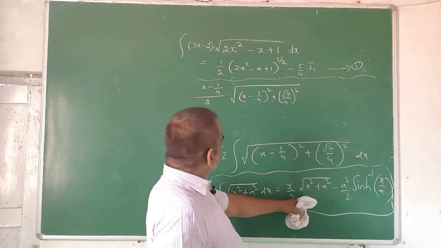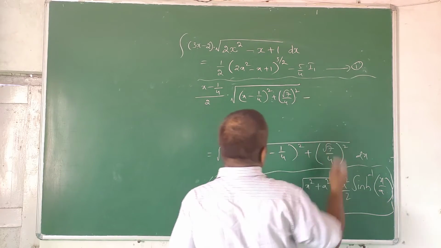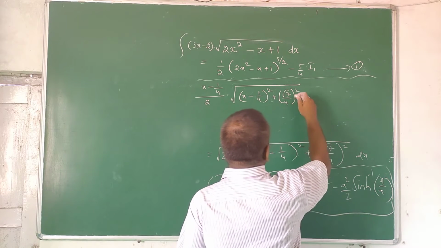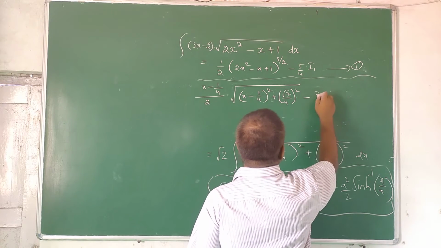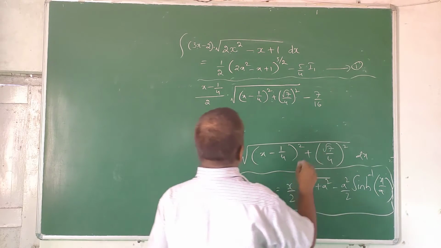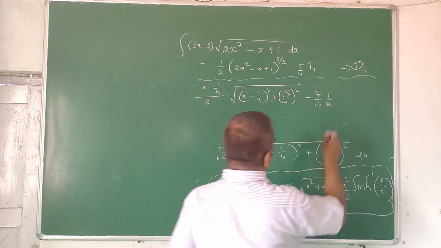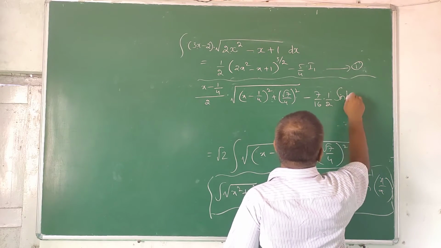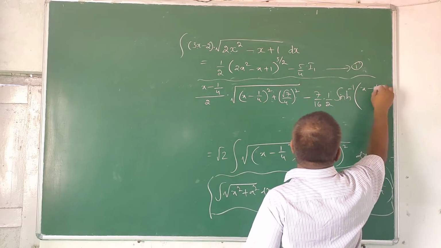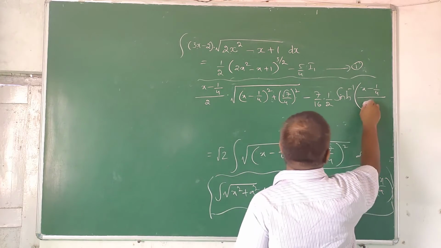So x by 2 into root over x square plus a square minus a square by 2. A square means root 7 by 4 whole square, which is 7 by 16. A square by 2, so into 1 by 2 into sinh inverse x means x minus 1 by 4 by a means root 7 by 4.